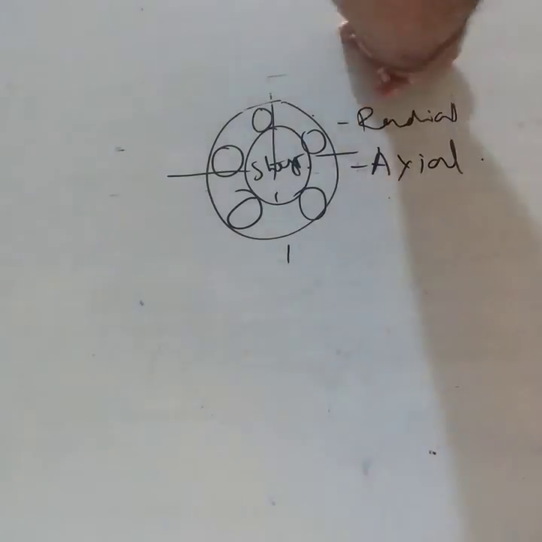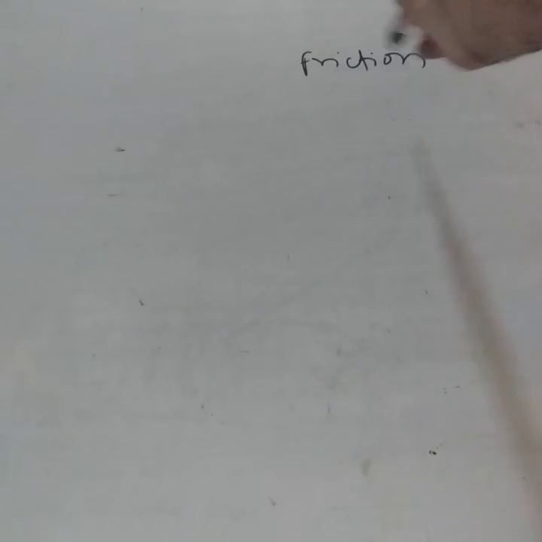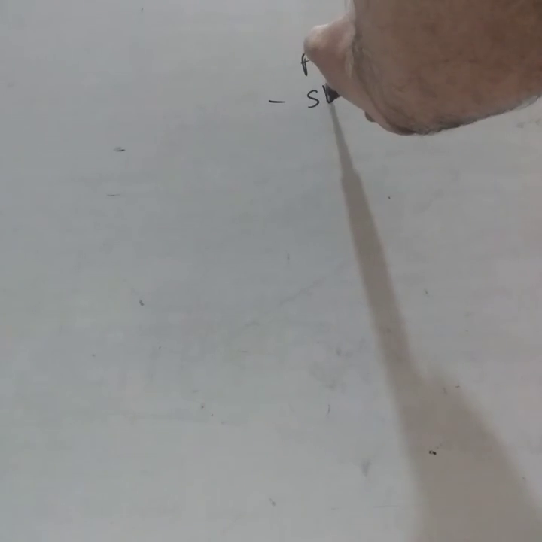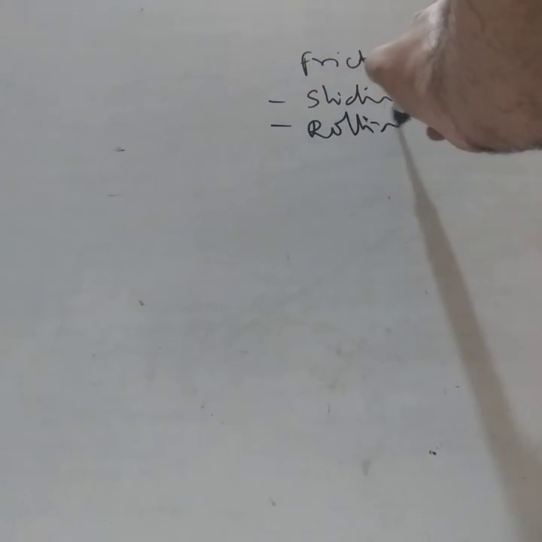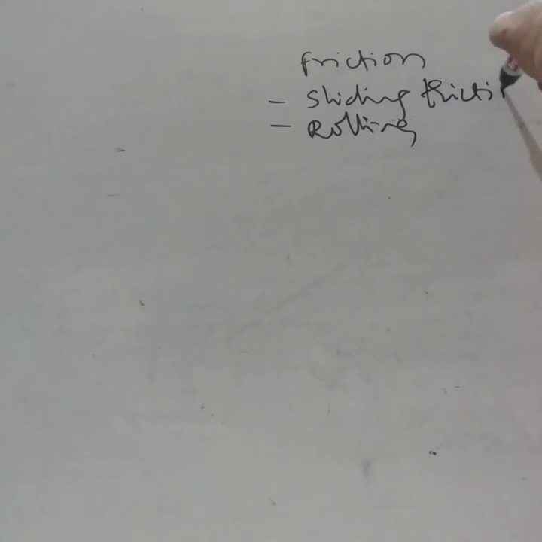Alright, so let's recap what we have learnt so far. We learnt about friction and types of friction, that is sliding contact, and the other one, rolling contact. Or sliding friction and rolling friction. And then lubrication is the next thing that we have learned.